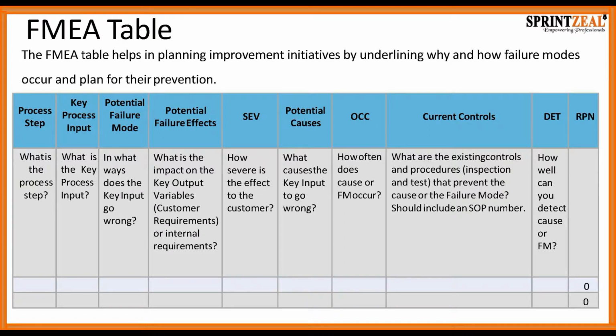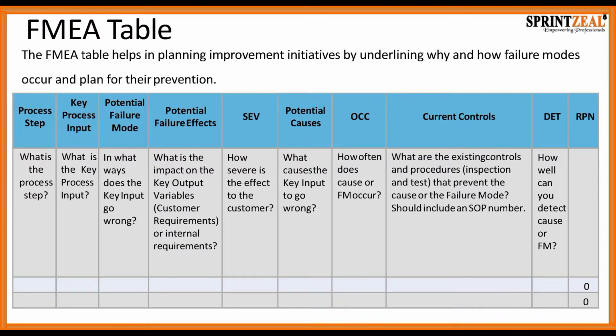So the FMEA table helps in planning improvement initiatives by underlining the why and the how that the failure modes occur, and they plan for their prevention. So in this particular table, it begins by understanding the process step and the key process inputs. So what is the key process input and what is the process step?